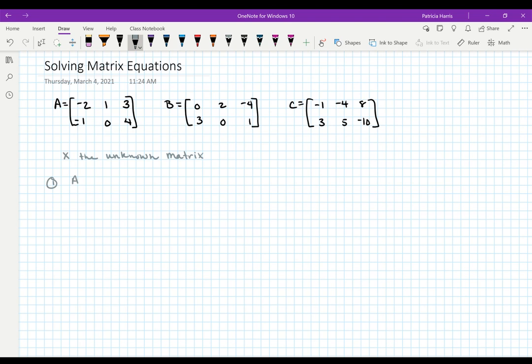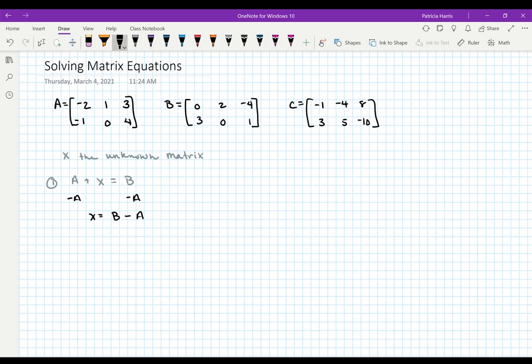So we're going to have A plus X equals B. Okay, so think about how you would solve this just for the matrix X. Think about math 1, math 8. So if you want to solve for X, you would just simply go minus A on both sides. So the matrix X is the matrix B minus the matrix A.